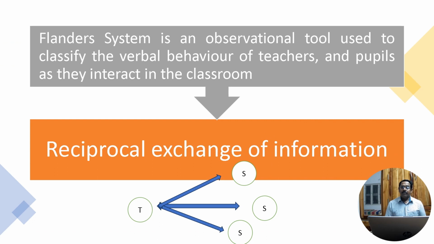The Flanders interaction system is a tool which studies the interaction in the classroom. Interaction is from the teacher to the student, from the student back to the teacher, and also between the students. This is what we call the reciprocal exchange of information.